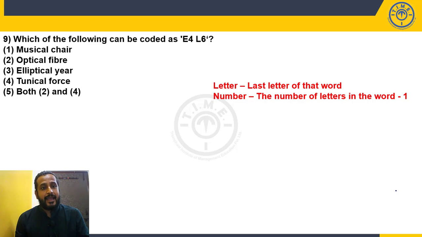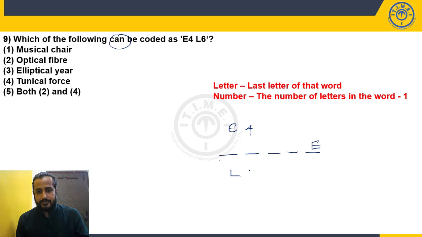Which of the following can be coded as E4, L6? When it is E4, number of letters in the word should be definitely 5. Last letter should be E. L6, number of letters should be 7. And last letter should be L. Okay. 5 letters okay here. But last letter we have R, but we required E, not the first option.